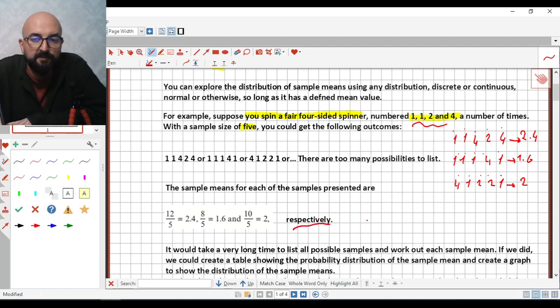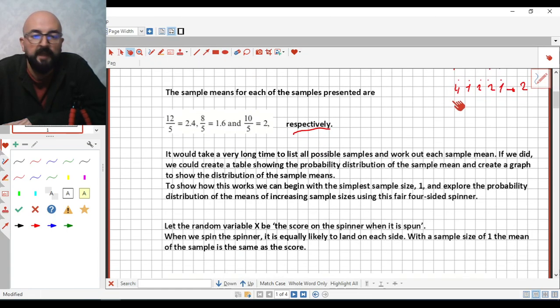Respectively, our means are 2.4, 1.6 and 2.